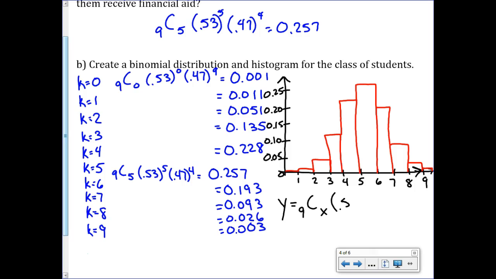So we have 0.53 to the X, and then 0.47 to 9 minus x. If you plug that into Y1, you can go into your table and find all those values. You can even see that graph on your graphing calculator, and if you would like to see that in class, let me know, and we can go over that.